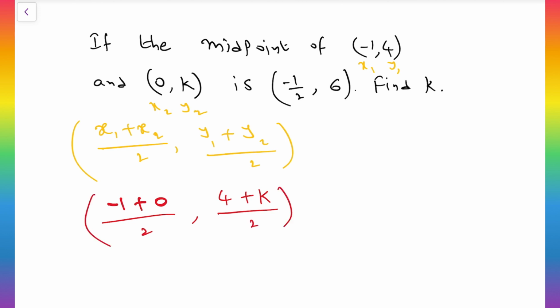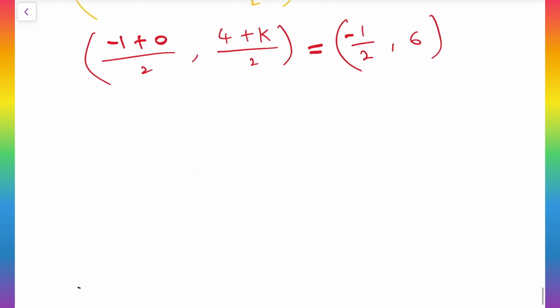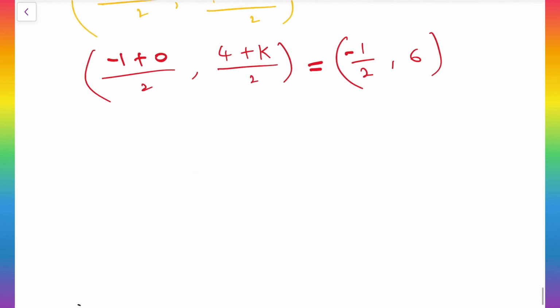This is the midpoint, but according to the question the midpoint is minus 1 by 2 comma 6, right? So make it equal to minus 1 by 2 comma 6. Whenever you are equating coordinates like this, this is the x coordinate and this is the y coordinate, right? So here also this is the x coordinate and this will become the y coordinate.